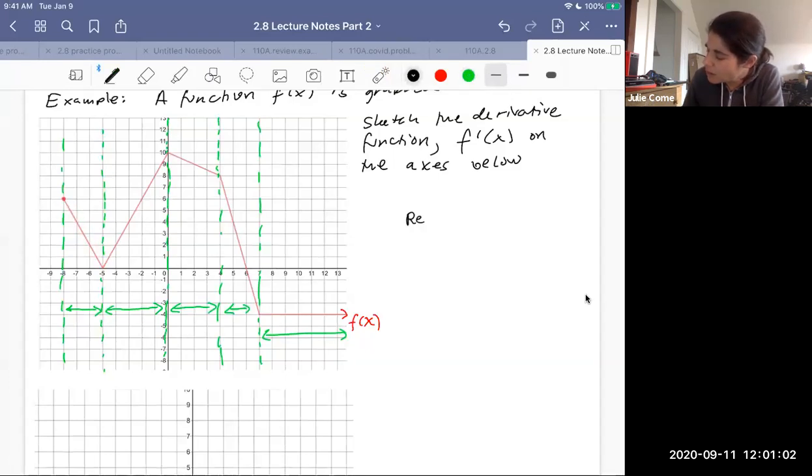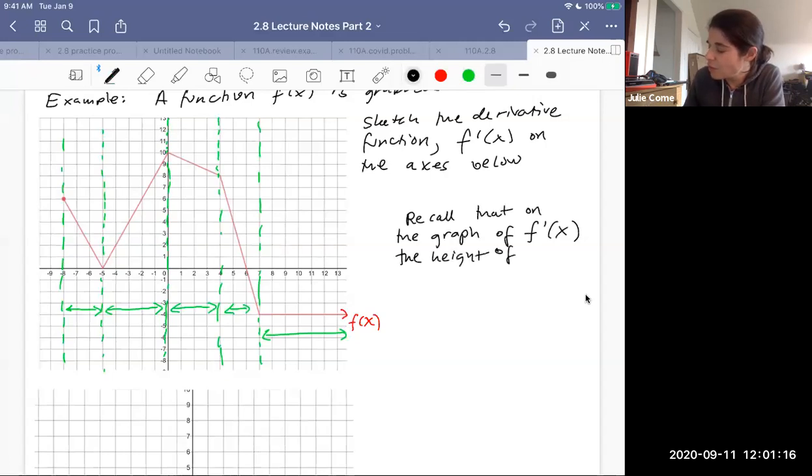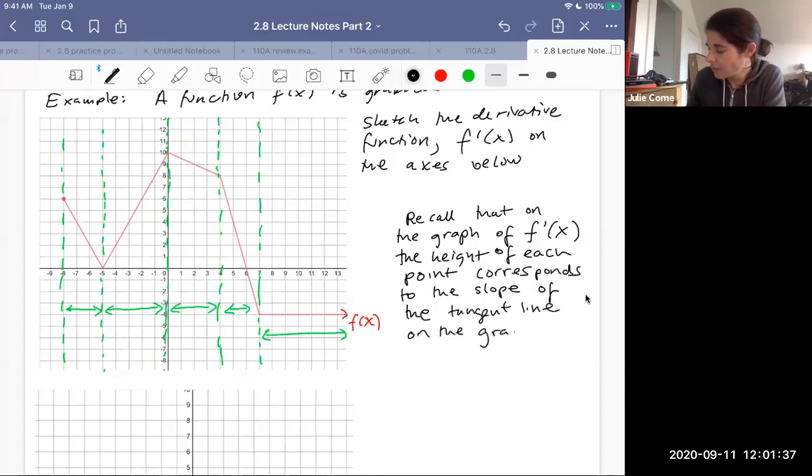We want to recall that on the graph of f prime of x, the graph of the derivative function, the height of each point corresponds to the slope of the tangent line on the graph of f of x at that value of x.